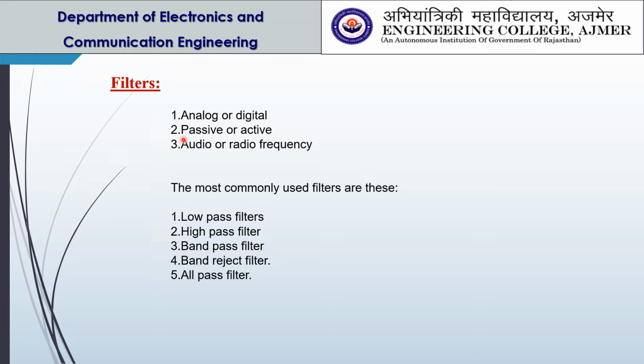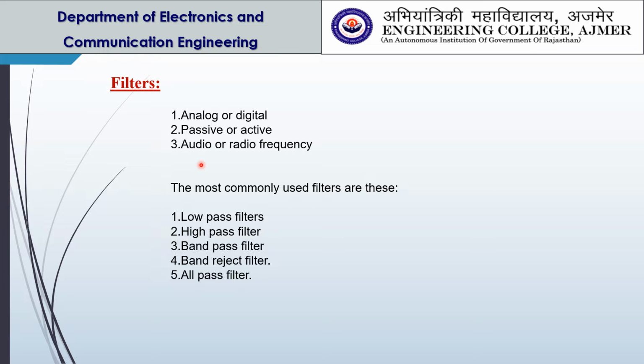The elements generally used in passive filters are resistors, capacitors and inductors. Whereas in active filters we employ transistors or operational amplifier in addition to the resistor and capacitor. And depending upon the element, the frequency range is decided.